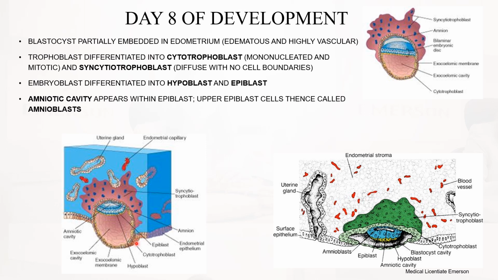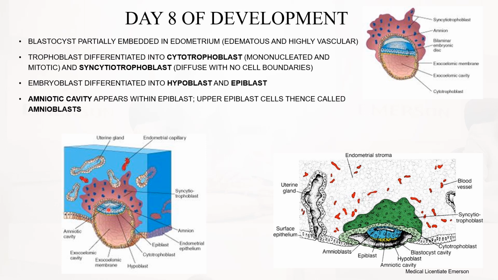In the epiblast portion, the cavity which forms here, where the pointer is pointing, the epiblast and the hypoblast are the ones which form. Then inside the epiblast, they form a cavity. That cavity is the one we start calling the amniotic cavity. Again, the upper cells of the epiblast start being called the amnioblasts. That's also what you need to understand.